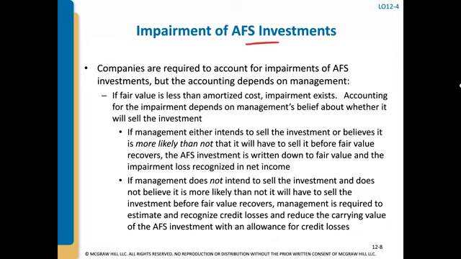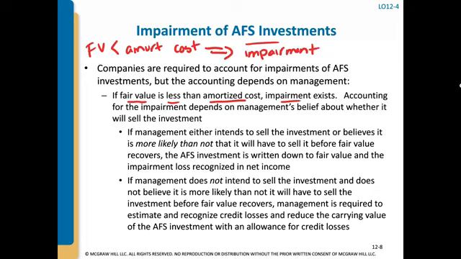If the fair value of the investment is less than the amortized cost, then an impairment exists. That doesn't mean that a company will necessarily have to write it down. It means the impairment exists.